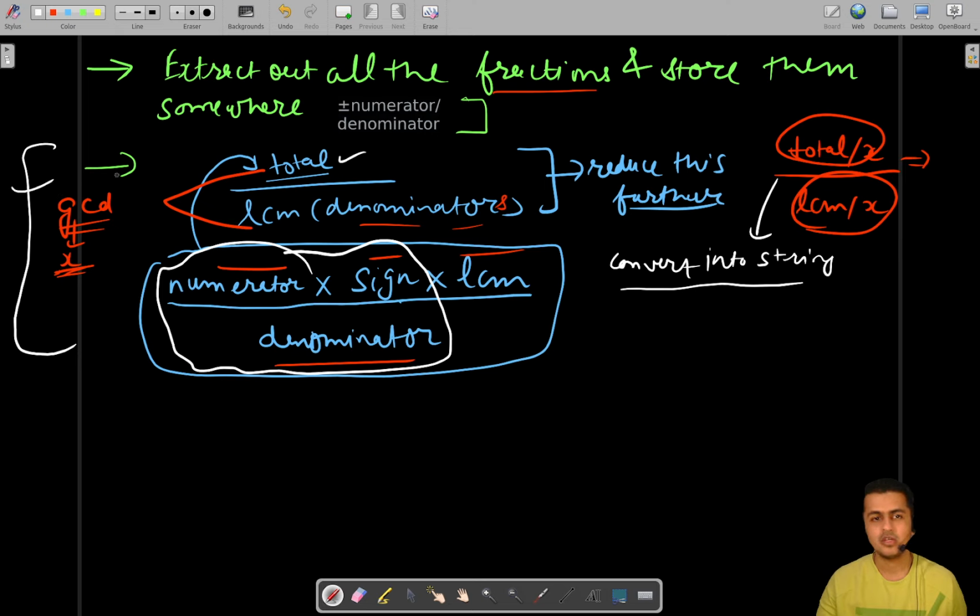Now this was the mathematical part of it, or logical part of it, the calculation side. Now you might be asking how we will be storing these fractions. So the next question should be how to store the fractions.